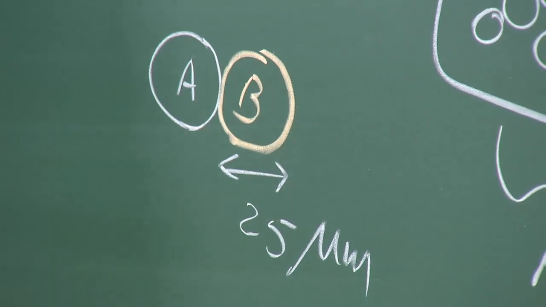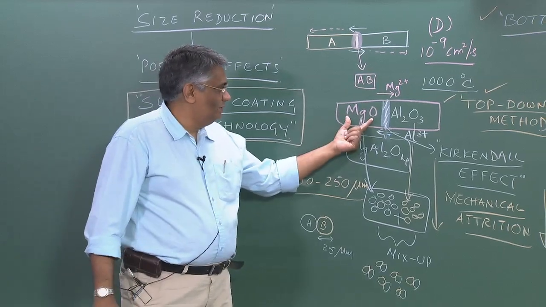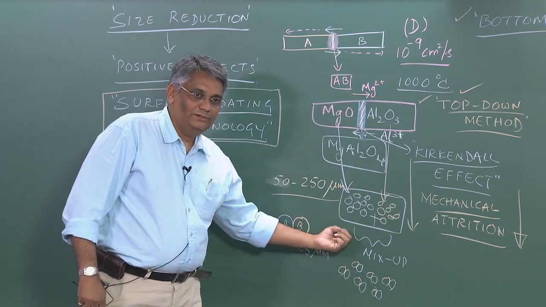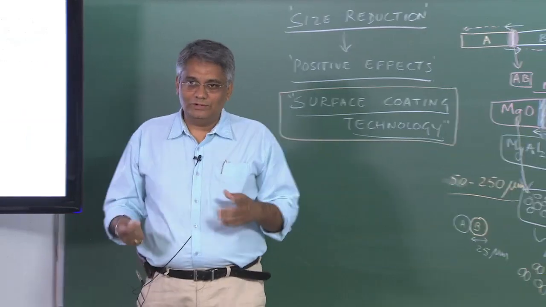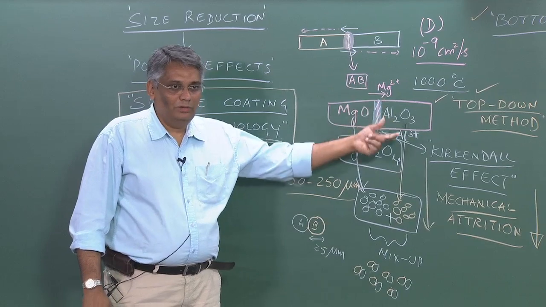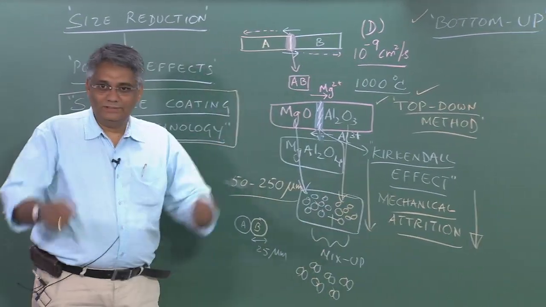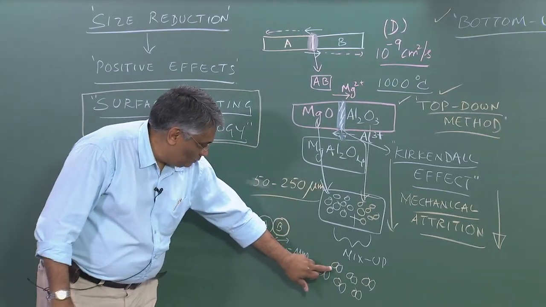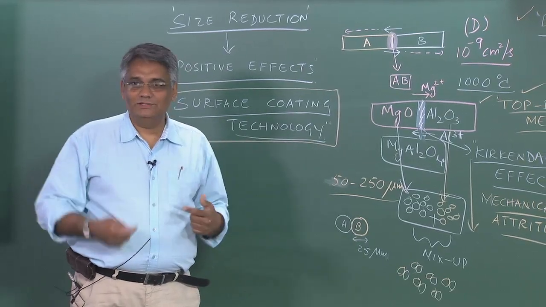Now, instead of making a reaction happen between macroscopic solids of magnesium oxide and aluminum oxide, by virtue of reducing their size, we can make a reaction happen between individual particles. Of course, the first step is to get the smaller particles of both the compounds by mechanical attrition and mix them up physically, so that you make sure that at least one magnesium oxide particle is surrounded by a few other aluminum oxide particles and vice versa.